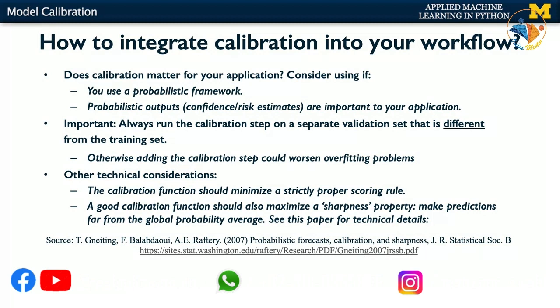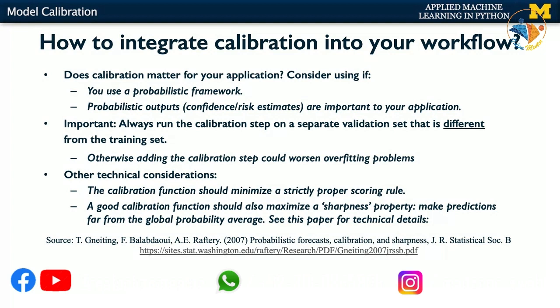You should always run the calibration step on a separate validation set that's different from the training set that was used originally to train the classifier. Otherwise, adding the calibration step could simply worsen any overfitting problems you might have.